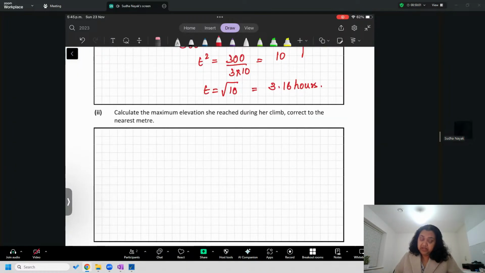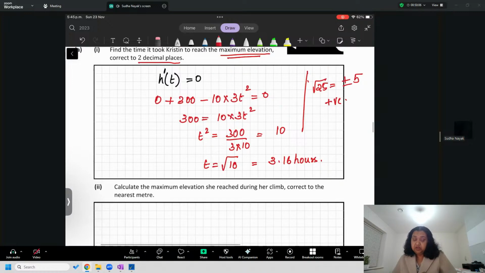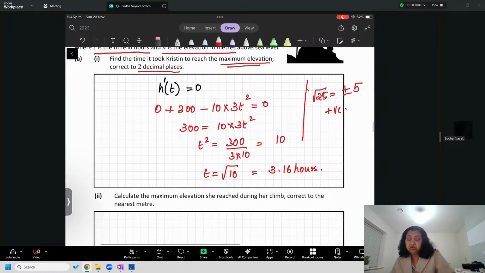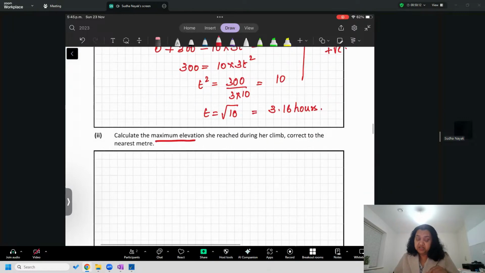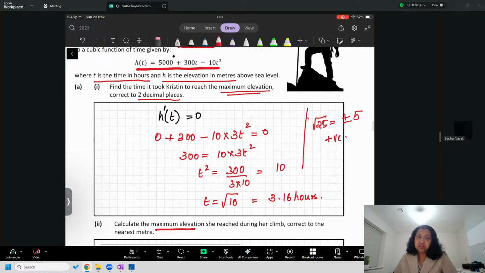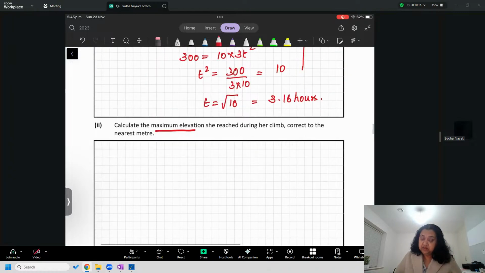Now the next one: calculate the maximum elevation she reached during the climb. Here we found the time taken to reach the maximum elevation, and now we have to find the maximum elevation. How will you find it? The function is h of t, and the time is this, so you can just substitute the value h of 3.16.